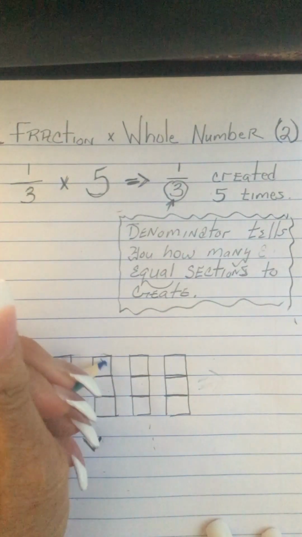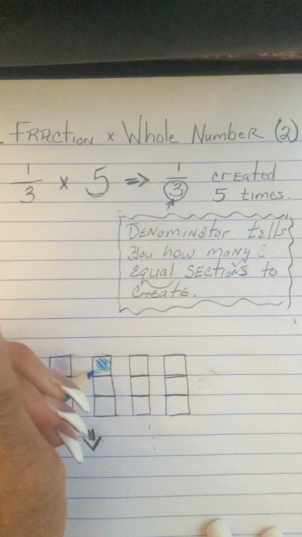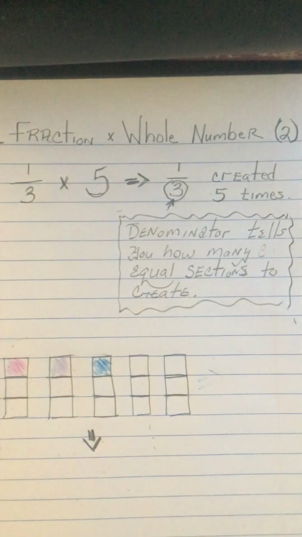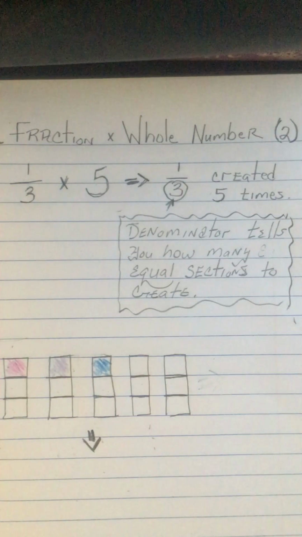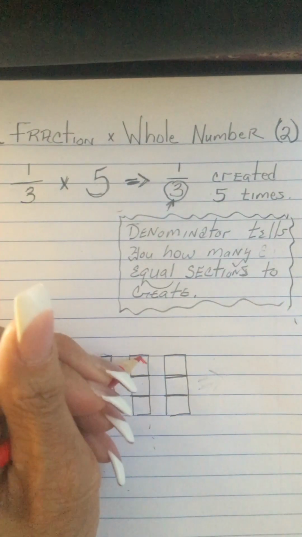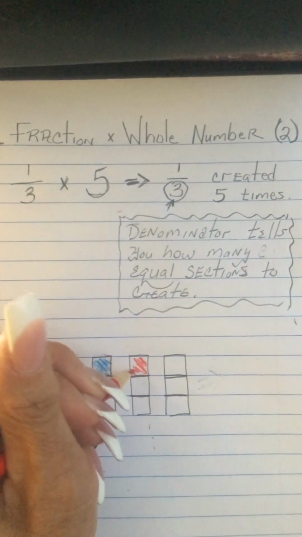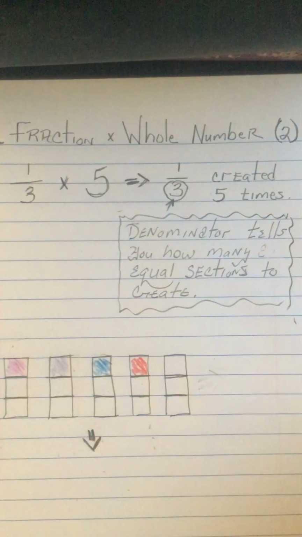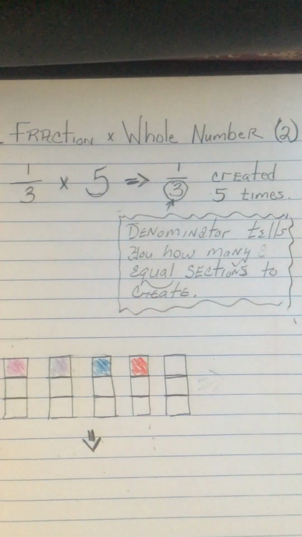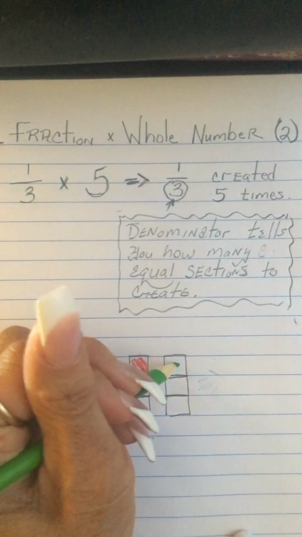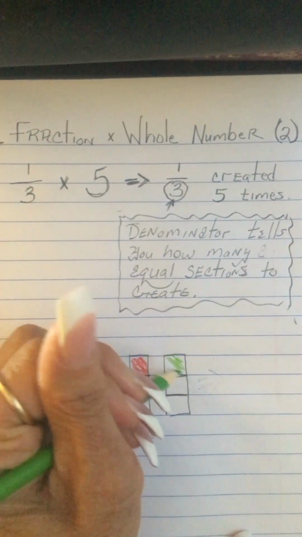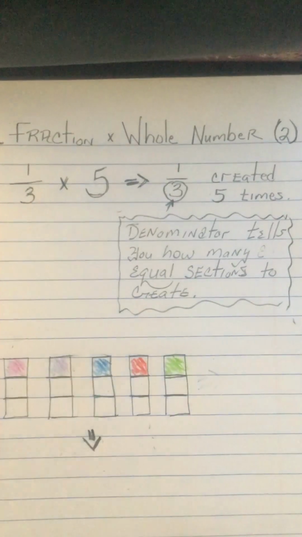Here is my third creation of 1/3. My fourth creation of 1/3. One of the 3 is being shaded in. And for my last one, I'm going to color in one of the 3 to represent 1/3.